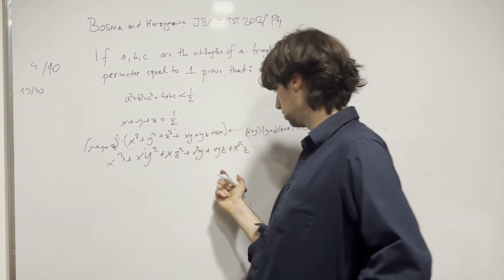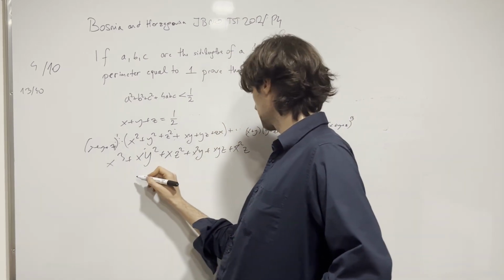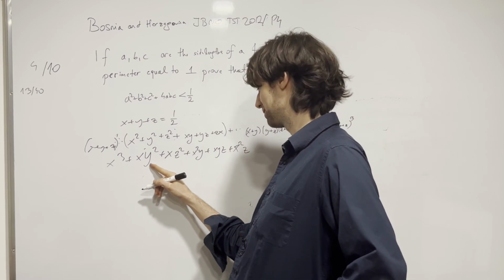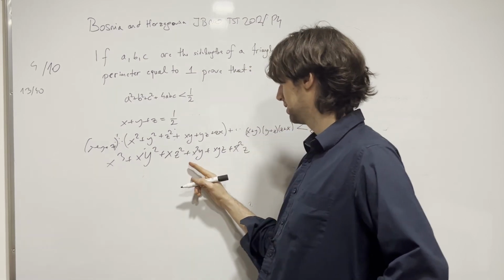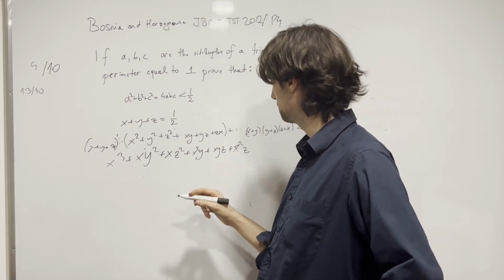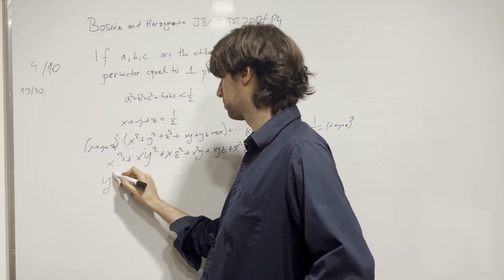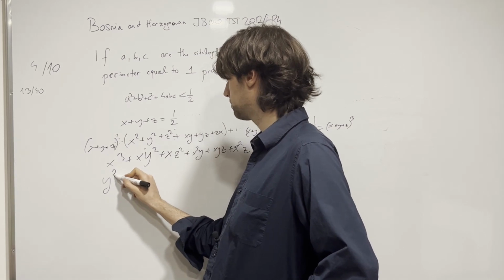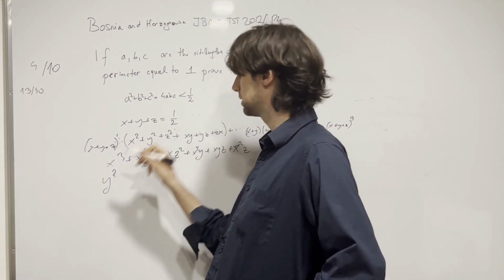Let's see, do any of these things combine? I have x squared, xy squared, x squared y, x squared z, xyz. No, nothing combines here. That's actually kind of interesting that nothing combines.